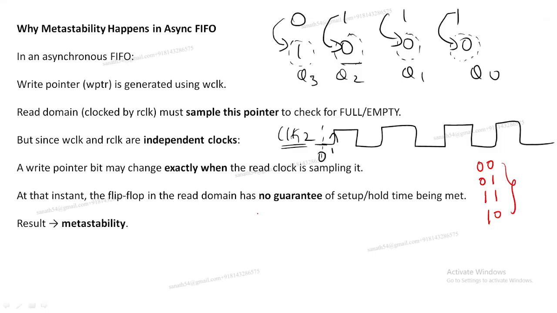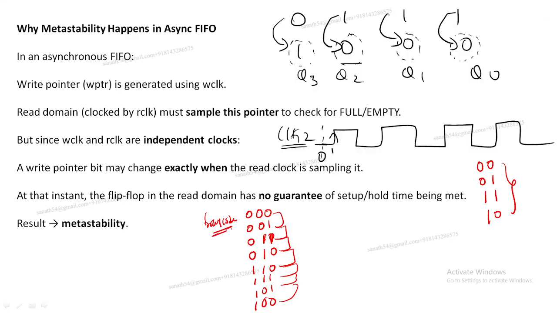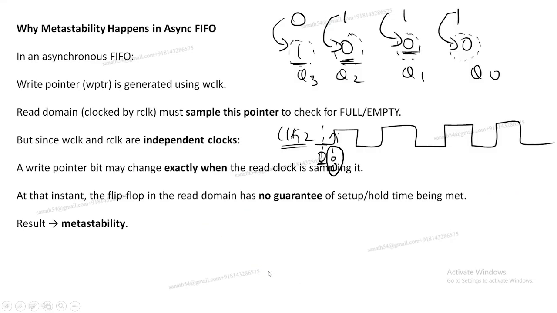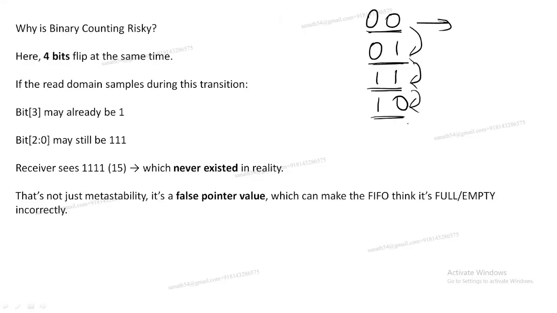If it is 3-bit, how do you write it? 000, 001, 011, 010, and then you write the reverse order with a leading 1: 110, 111, 101, 100. If you observe each and every pair, they differ by only 1 bit. That's why you use a gray code counter. That is the main thing.